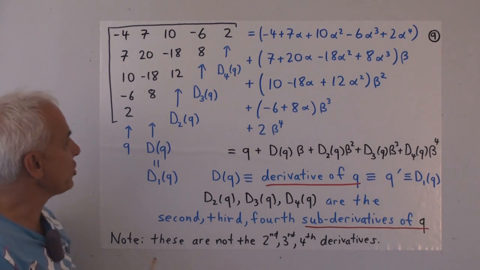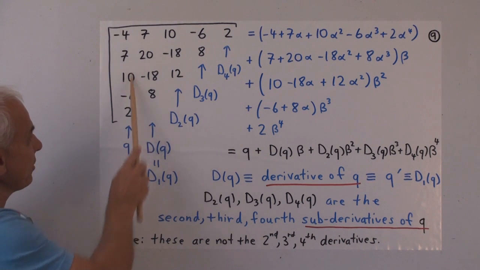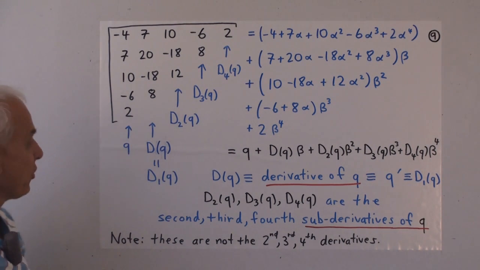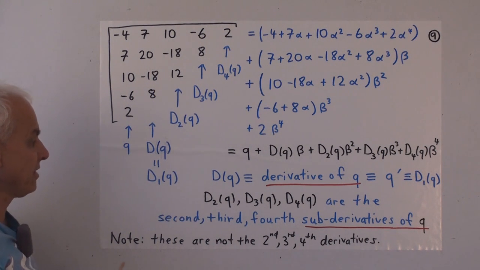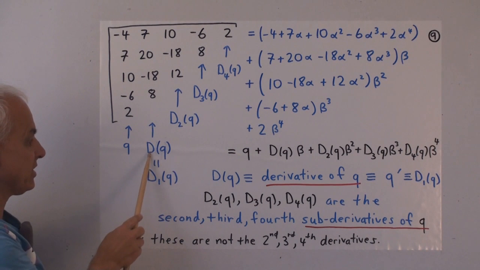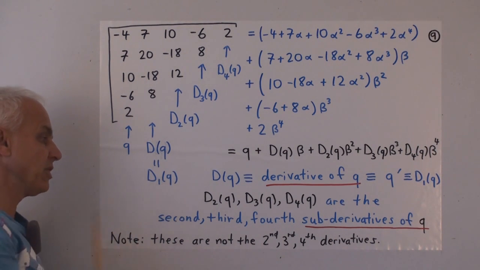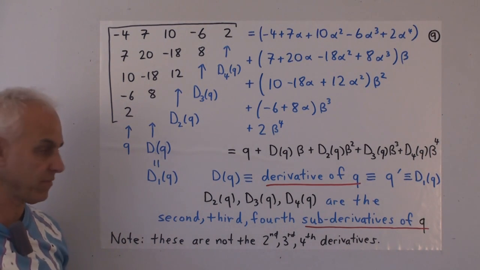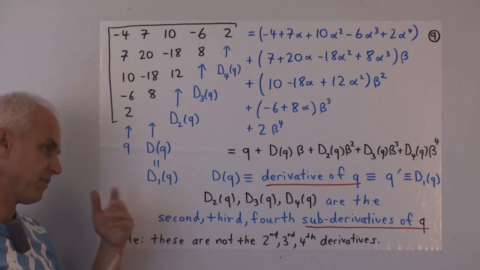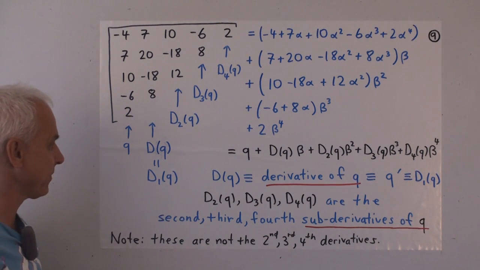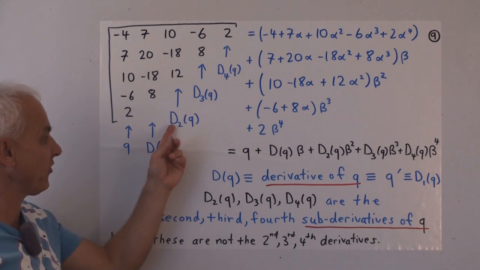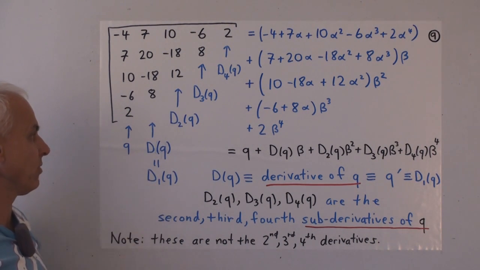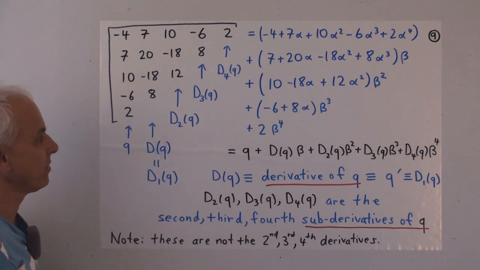So in terms of our notation, if there's the original polynumber q, then this column here represents a polynumber, which is the derivative, or we'll use the notation the subderivative. Putting a 1 there sort of tells us it's a subderivative. And this next column here represents the polynumber, which is the second subderivative of q, d sub 2 of q.